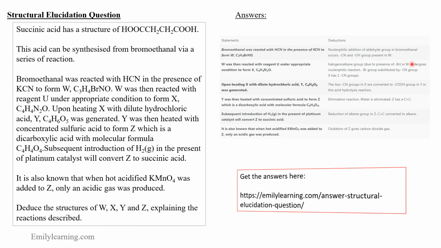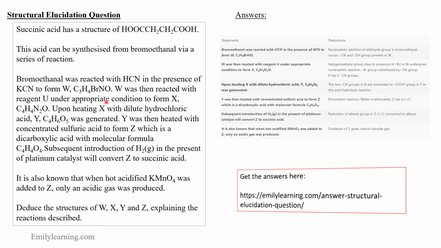So what I write down as a deduction is that a nucleophilic substitution of the halogenoalkane, or the Br group, has occurred, and it is now replaced by a CN group. Because I know that to form W, the aldehyde group becomes a CN-bearing group, and to form X, the Br group becomes a CN, at the end of the day X has two CN groups. One is from this reaction and the other one is from that reaction. Now I'm done with this sentence.